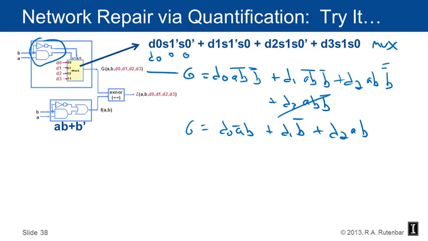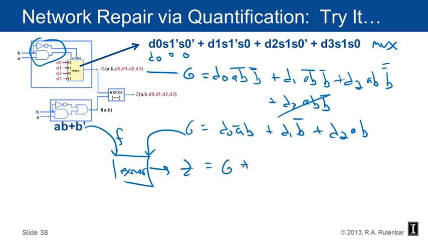That's the thing with the multiplexer pretending to be a gate whose function is determined by the D's. I'm going to put that into an exclusive NOR, an equality gate. I'm also going to put that in. That's the F function, and the result of that is going to be my Z. So Z is G exclusive NOR F, which is GF plus G bar F bar.